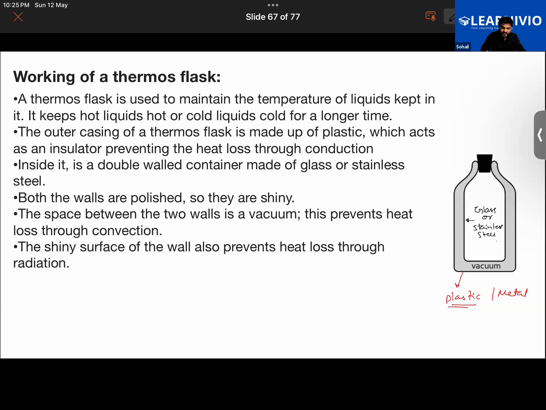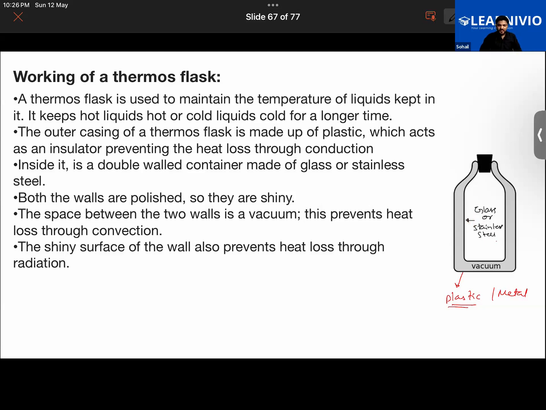Almost 10 or 12 years ago, the inside of thermos flasks was made of glass, but since it used to break, nowadays we have stainless steel. That is the inside layer, and it is a double wall container.